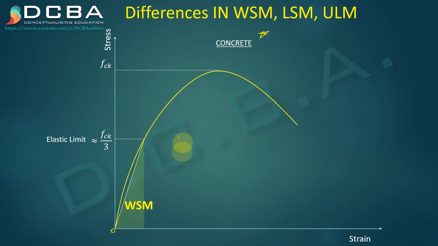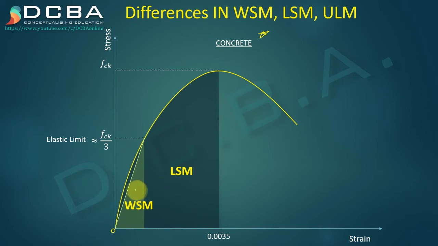For LSM, we move beyond this point. We move beyond the point of elasticity. We go till a particular strain value of 0.0035, and we also take into consideration the curvature of the stress strain curve. So this is the energy that we are using in LSM.